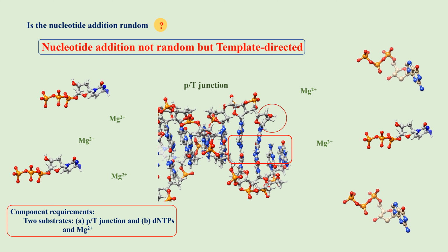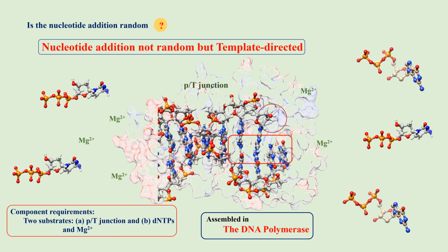All these components need to be assembled in a molecular machinery called the DNA polymerase. A large number of DNA template dependent DNA polymerases have been discovered in a variety of organisms spread around all three domains of life: archaea, bacteria, and eukarya.